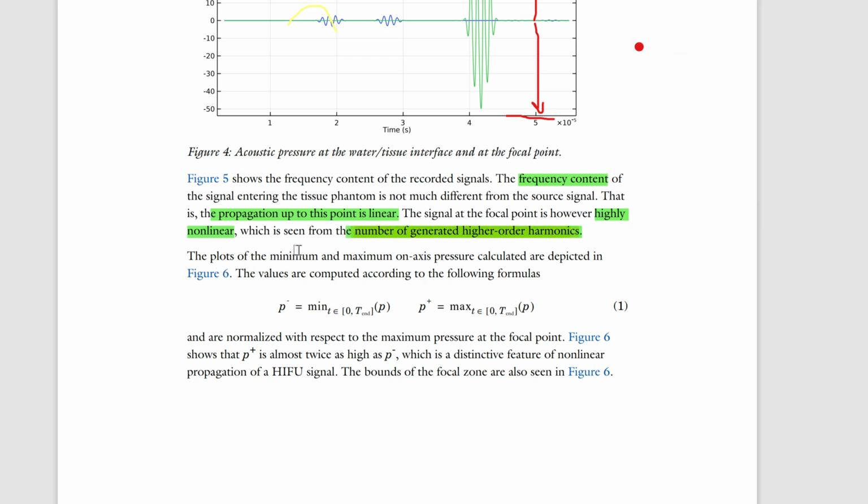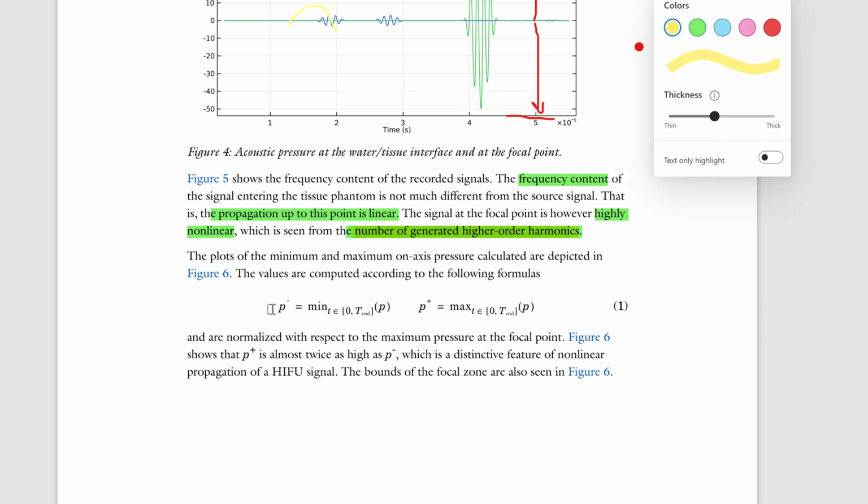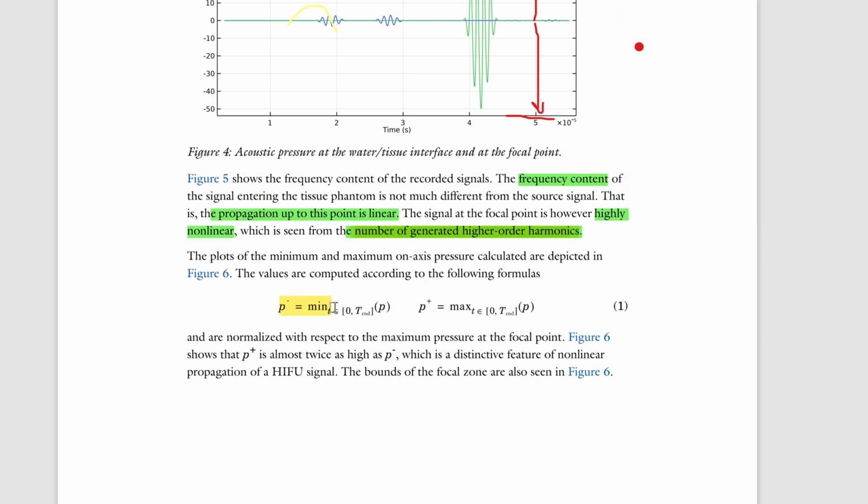The plot of the minimum and maximum on-axis pressure calculated are depicted in Figure 6. The values are computed according to these formulas. Okay, let's look at the formulas. And I'm going to go straight to what the units are, and they are normalized with respect to the maximum pressure at the focal points.